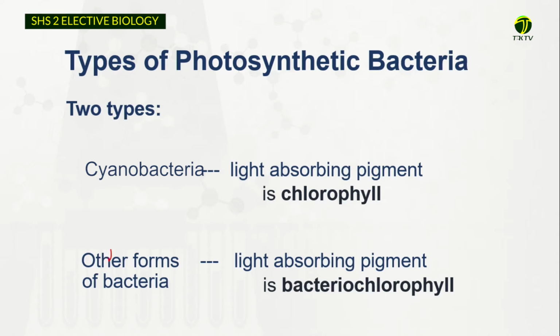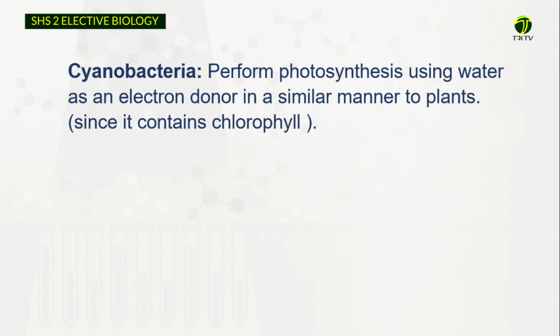So cyanobacteria use the normal chlorophyll that plants use. But all the other forms of bacteria that undergo photosynthesis use another form of pigment called bacteriochlorophyll. Now, let's look at cyanobacteria.